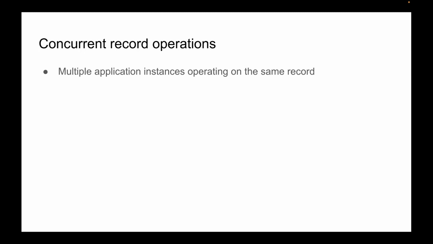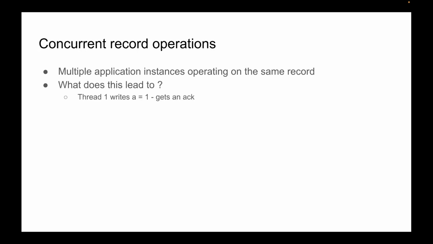Each of these instances will typically perform operations on the database, on the record, and sometimes a multitude of these instances will operate on the same record, right? Or it could also be multiple threads of the application on the same machine, which is what multi-threading is all about. So whether it is a multi-threaded application or a horizontally scaled application, this is a pretty common thing. So what does this lead to?